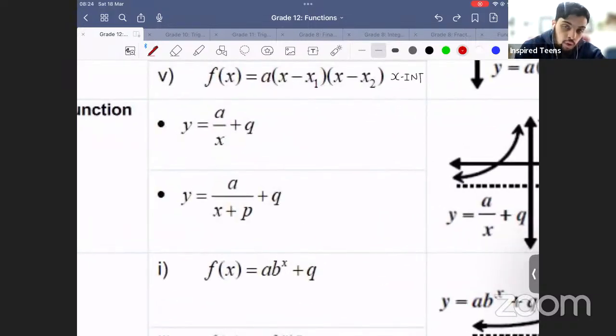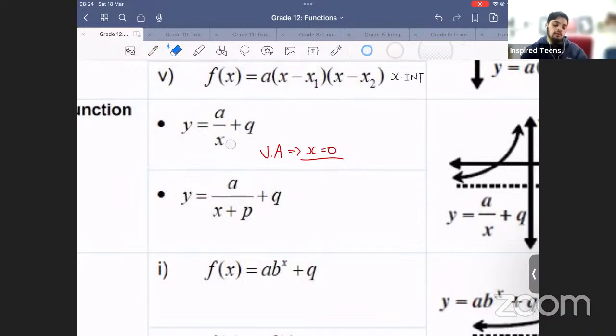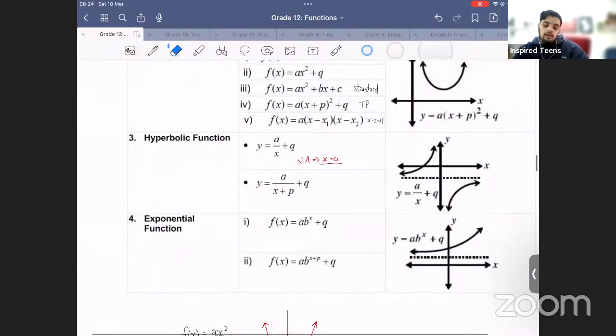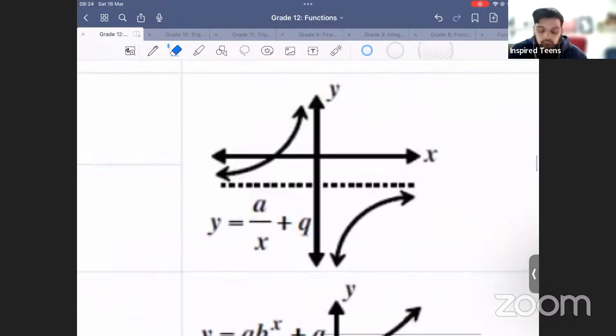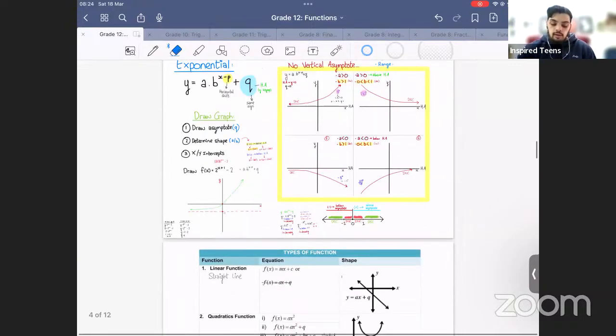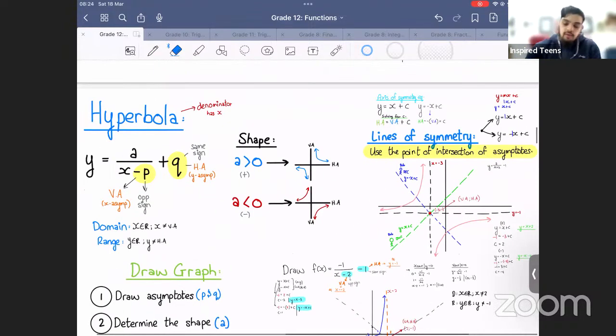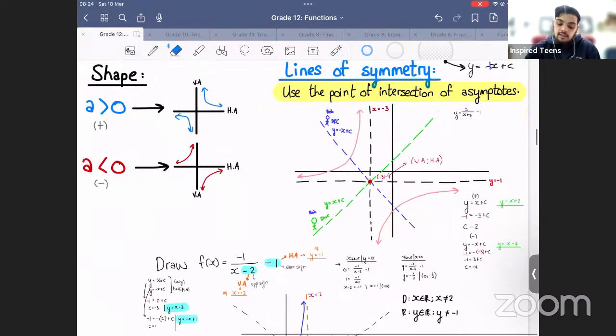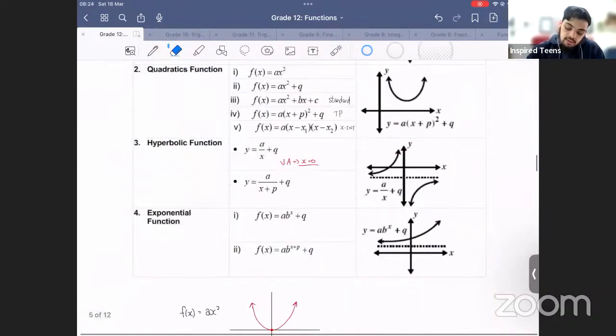Not that there's no vertical asymptote, but the vertical asymptote is 0. x is equal to 0, so it's on the y-axis. That's why it's like plus 0, so you don't have to write p. Nevertheless, here's an example of what the function looks like. Please do remember, and go through the videos again if you need to, the axes of symmetry and how to draw them. Those are important.